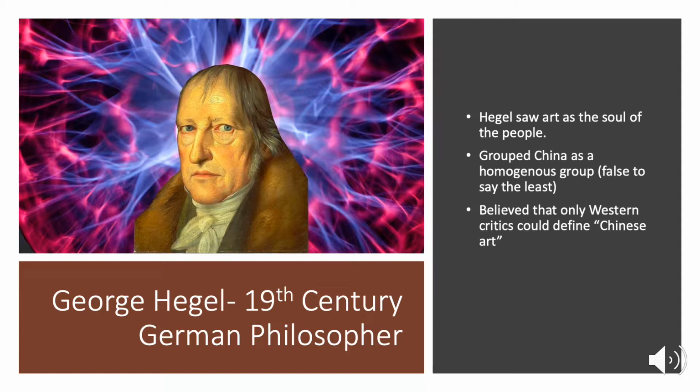He also believed that only Western critics could define what Chinese art is, which is very one-sided, right? So just think about that for a moment. You don't have to write anything or respond right now, but we may come back to this idea later. Just think about what Hegel's statement means to you as a global perspective, world thinking Alverno student.